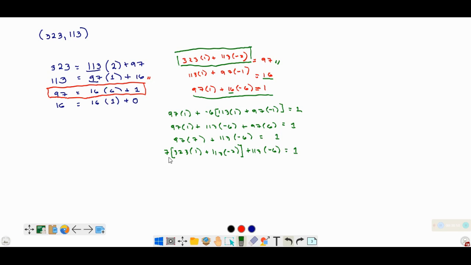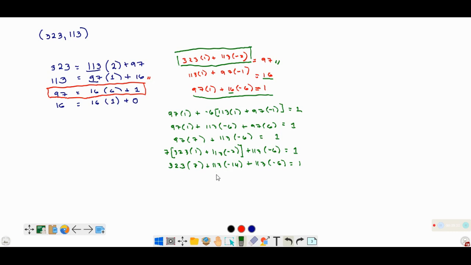After that, distribute natin si 7 dun sa loob ng parenthesis without affecting 323 and 113. Ang maapektuhan lang yung mga nasa loob ng parenthesis from our outline. We have 7 times 1 is 7 plus 7 times negative 2 is negative 14 plus 113 times negative 6 is equal to 1.